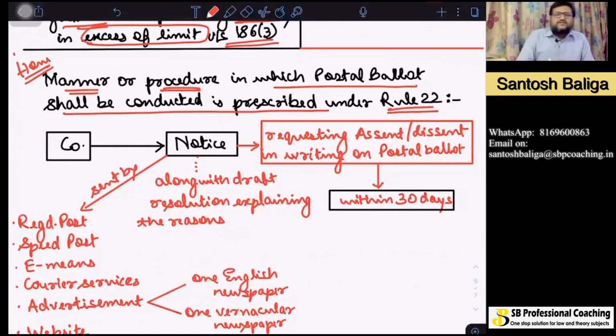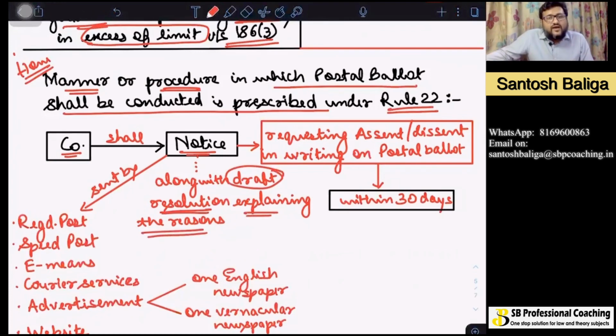Okay, let's go through how. See, first of all, the company shall give a notice to all its shareholders, along with the draft resolution explaining the reasons of such resolution, and if any documents are required which are material for the shareholders to arrive at a decision, that also has to be attached with the notice.